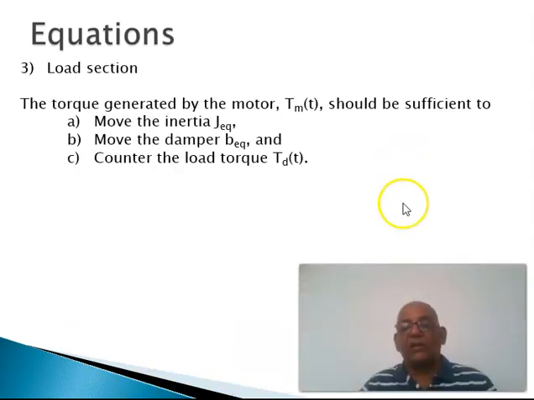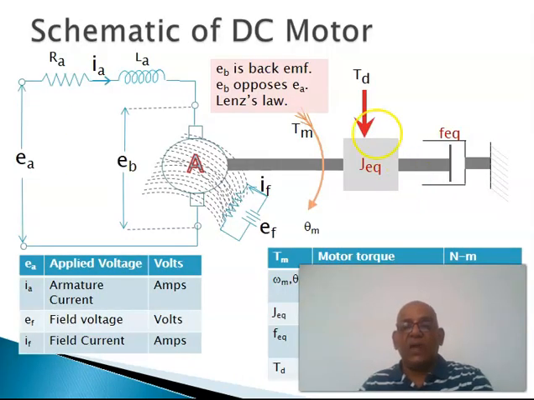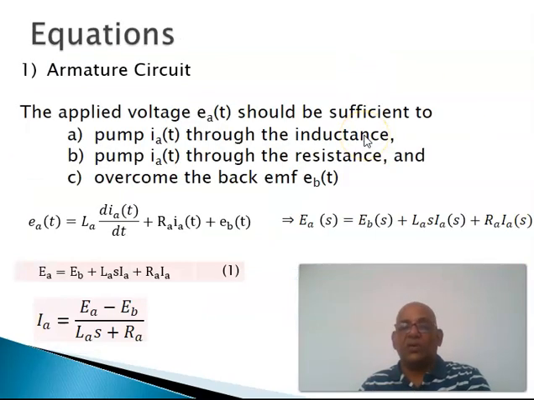Again, we look at the schematic diagram of the motor. We just go back a little bit and look at the schematic. This torque Tm generated by the motor should be sufficient to move this inertia, move this damper, and then overcome the disturbing torque.